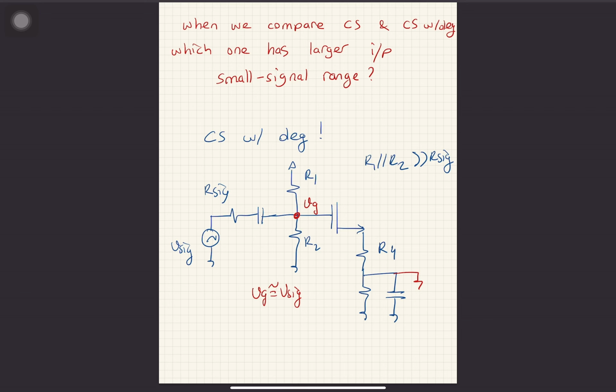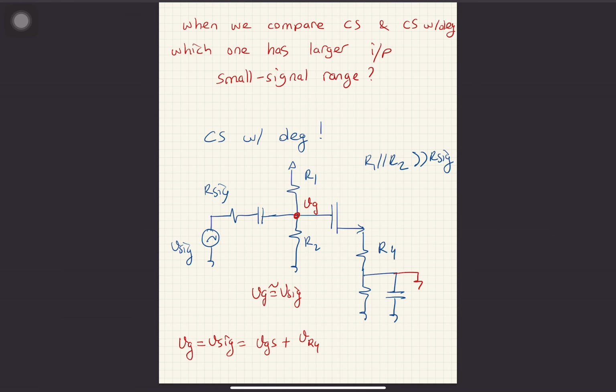Now this V signal or V gate is equal to VGS plus the voltage across R4. So for small signal analysis, this VGS should be less than 0.2 (VGS minus VTN). So you have some voltage headroom for V signal. V signal can be something larger. Okay, so in that case, common source with degeneration will always have a larger input small signal range.